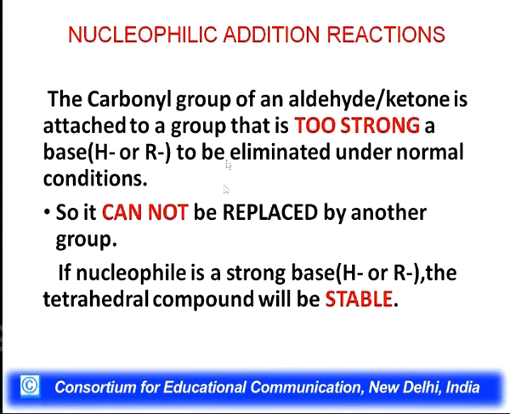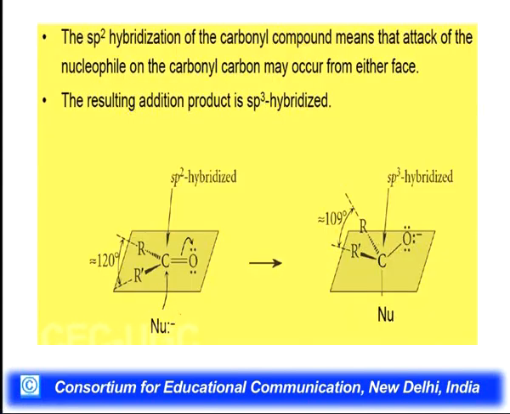So they cannot be replaced, and aldehydes and ketones undergo nucleophilic addition reactions. Whereas in acids and acid derivatives, the carbonyl group is attached to a weak base which can be eliminated, and they undergo nucleophilic acyl substitution reactions. Aldehydes and ketones having a carbonyl group undergo nucleophilic addition reactions.